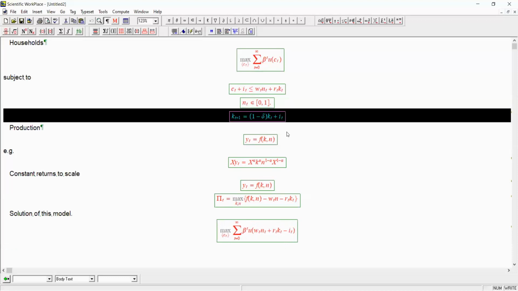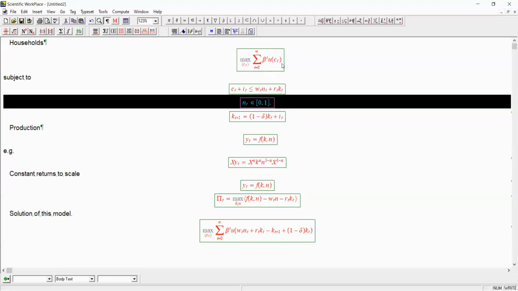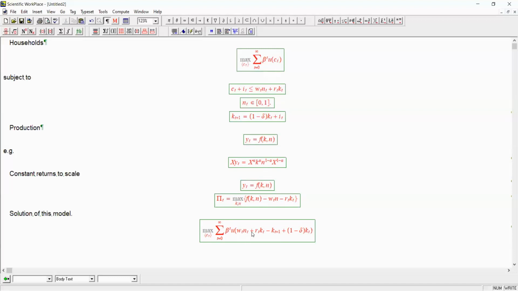And then we have this constraint that holds with equality. So we can use that to replace investment here. And that makes life simpler. Moreover, since we know that n is between 0 and 1, they don't care about leisure. In this example, we know that n is going to equal 1. So we have an even simpler problem.